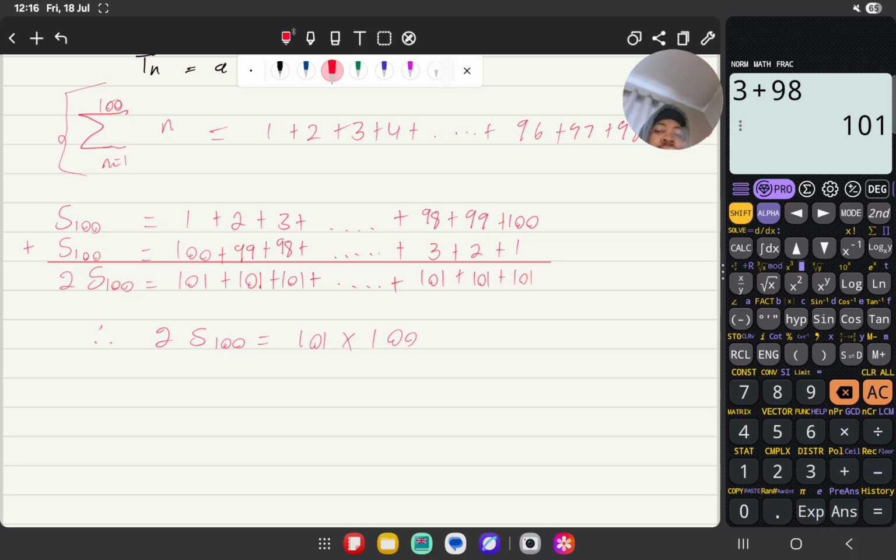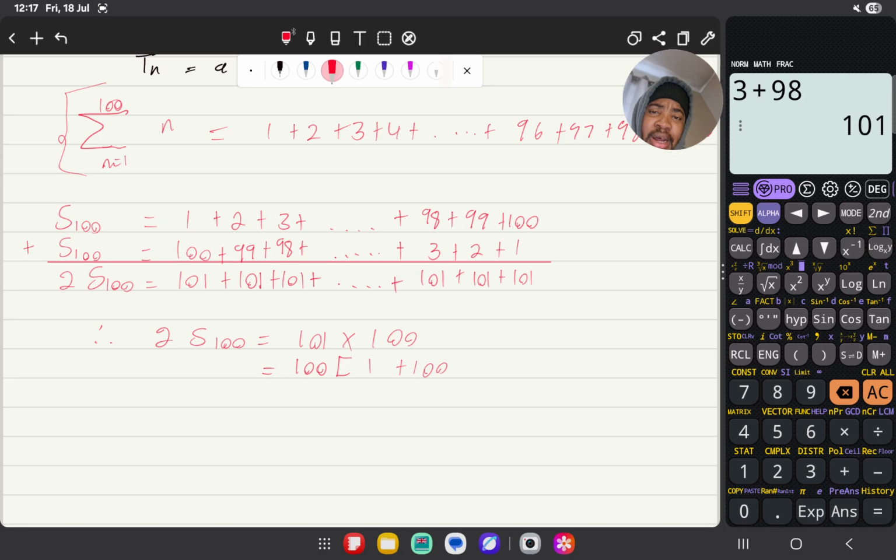Now this 101, remember, we got by adding 1 plus 100. Of course, we also got it by adding all these other pairs, like 98 and 3, 2 and 99.